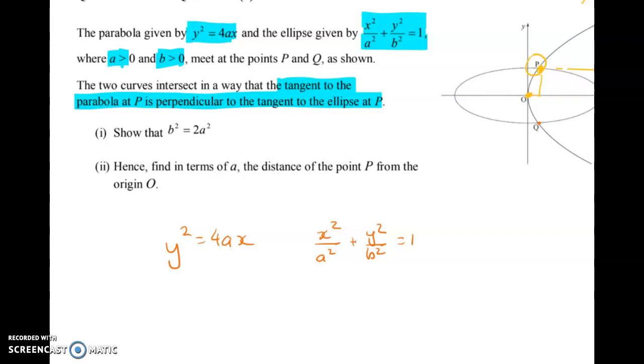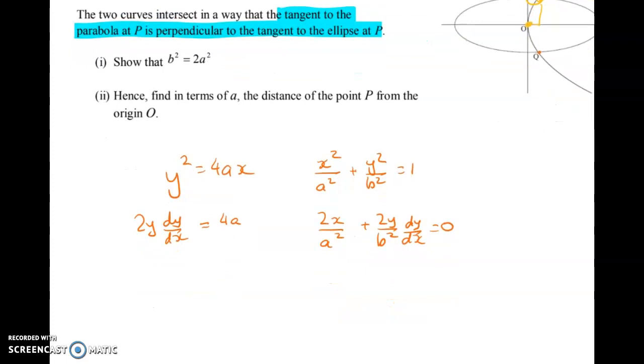Differentiating to get the gradient of the tangent gives me 2y dy by dx is equal to 4a. Here we get 2x over a squared plus 2y over b squared times dy by dx is equal to 0, right? So I'm assuming that you can do implicit differentiation confidently if you're watching this. There are 3 teaching videos from me on that if you need some practice.